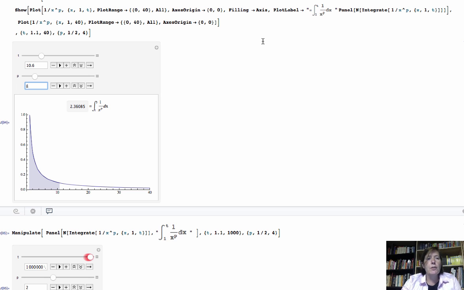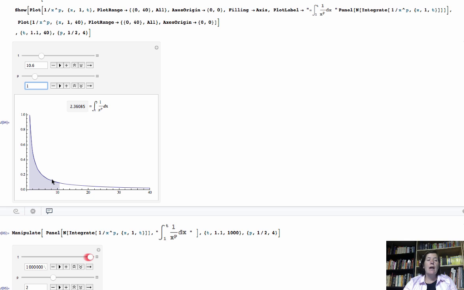Let's have a look at what's going on here on Mathematica. Suppose I let p equals 1 and I'm looking at the integral from 1 to infinity of 1 over x to the p dx. By definition, this is equal to the limit as t approaches infinity of the integral from 1 to t of 1 over x dx. So we see the graph of 1 over x here, and we already have this area interpretation of the integral from 1 to t of 1 over x dx.